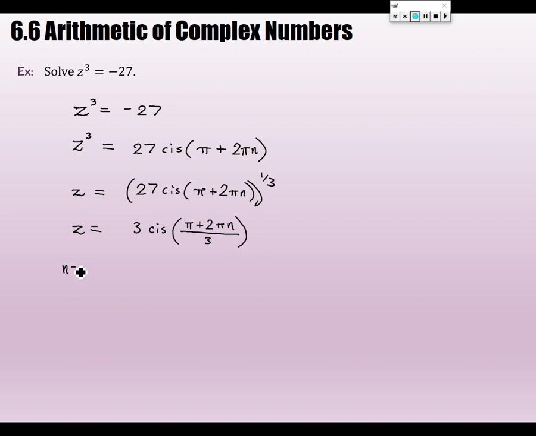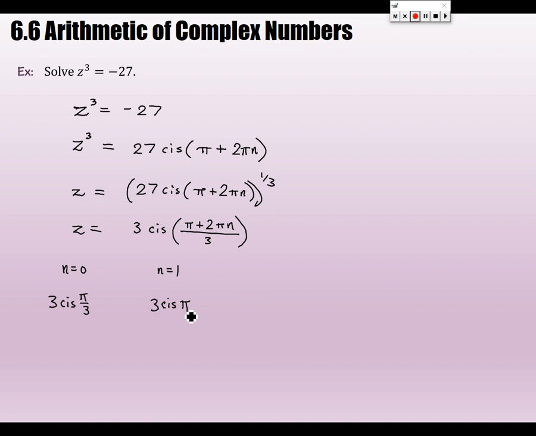So in some ways we're done. We just need to unpack what we've just written down. If n is 0, we have 3 cis pi over 3 as one of our roots. If n is 1, we get pi plus 2 pi on top, 3 pi over 3, which is pi.